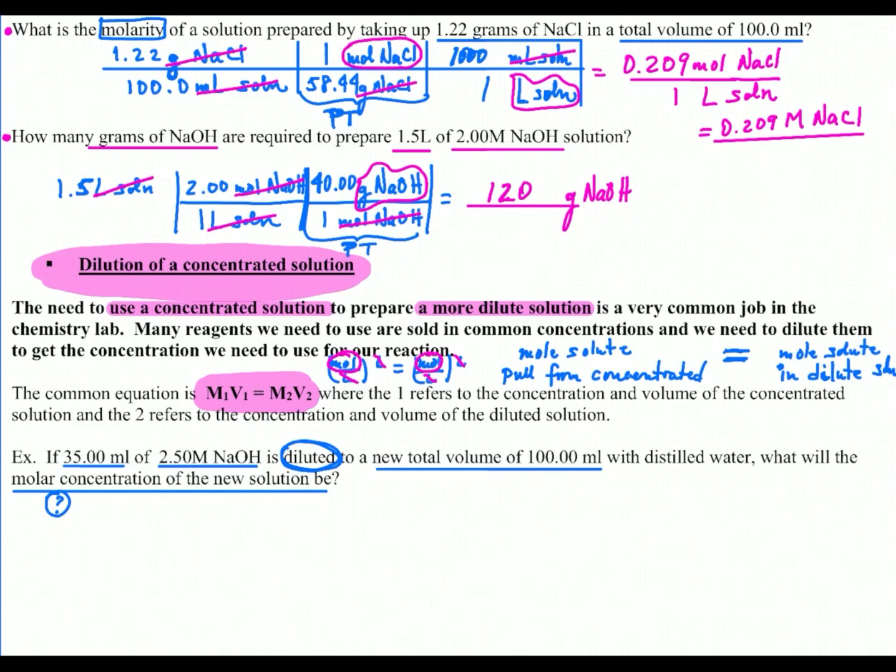The new concentration. So V1 is your 35.00 milliliters, the volume of the concentrated solution, and M1 is the molarity of that same concentrated solution.